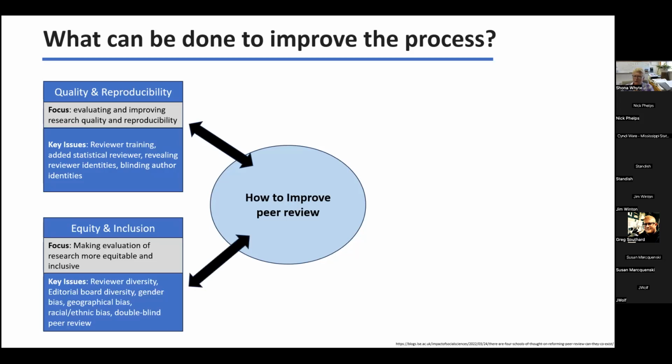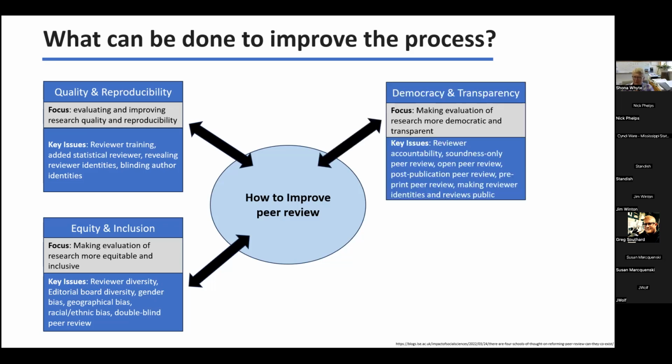Equity and inclusion, which is making it more equitable and inclusive, obviously. So that's all about diversity. How diverse is the editorial process, geographically or by gender or ethnicity? And then double blinding peer review, their suggestion.